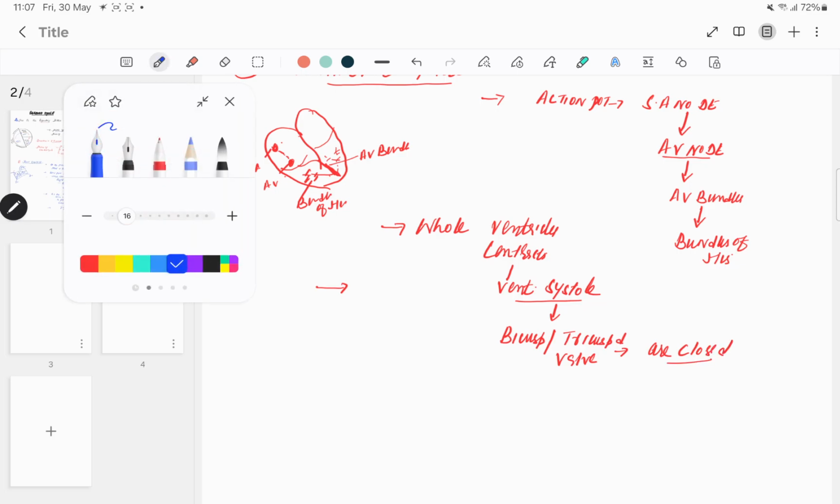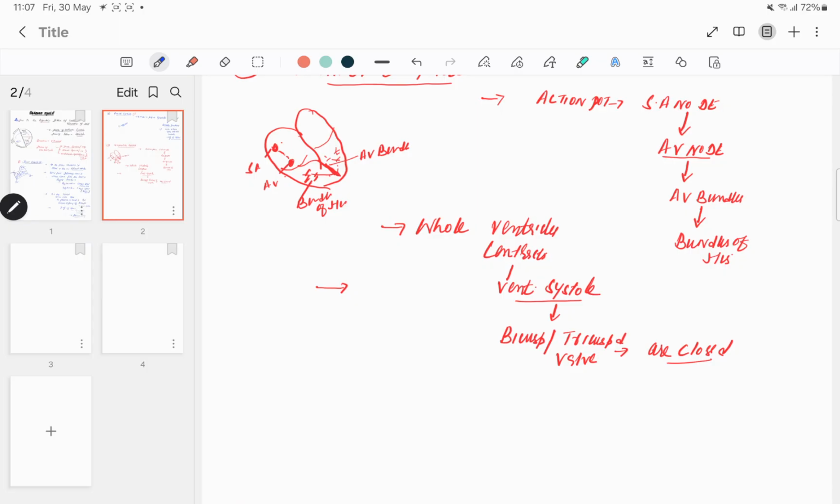Remember, in atrial systole they were opened as the blood from the auricles goes into the ventricles. Now, as the ventricles contract, the bicuspid and tricuspid valves are closed to prevent backflow of blood into the auricles.